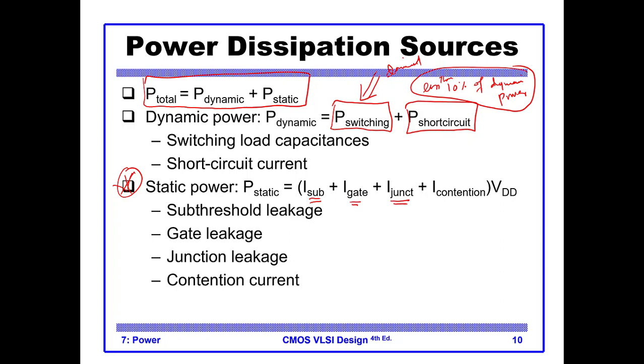These are in some cases reverse biased, and they should not draw any current, but they can. And then there is contention current. So there are so many sources of static current, and they are normally related to the physics of transistors not working according to the intended operation. This is inevitable as we are reducing the size of transistors. The static power consumption is on the rise.